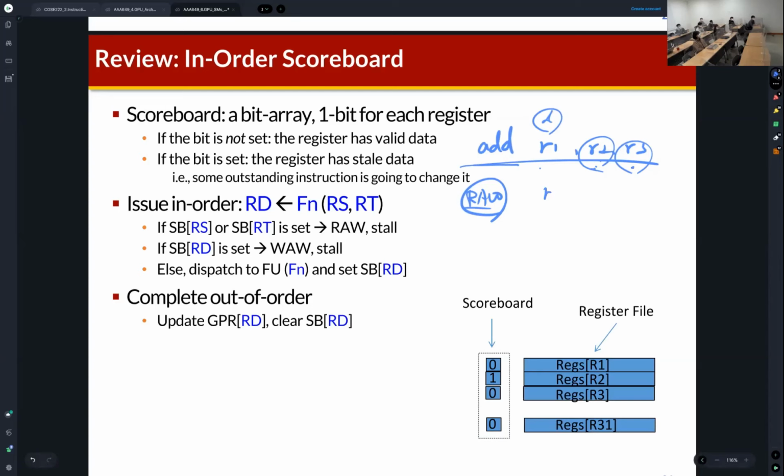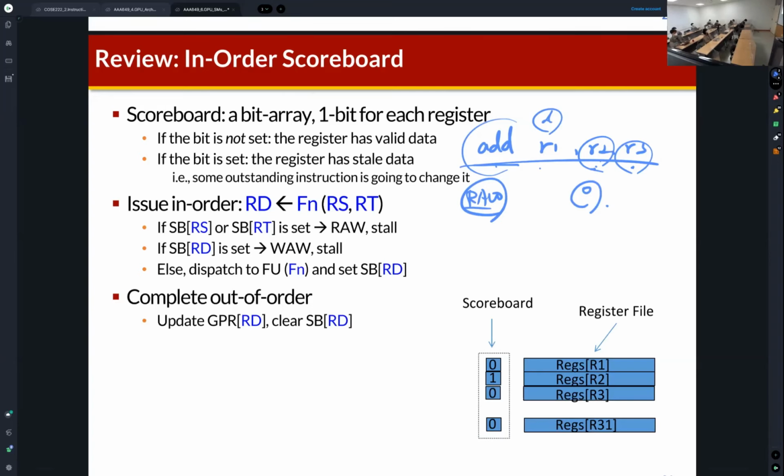If R2 and R3 are ready, then the warp can execute this instruction. But if R2 is not ready, like its status is 0, or R3 is not ready, then this add warp cannot execute this add instruction, right?